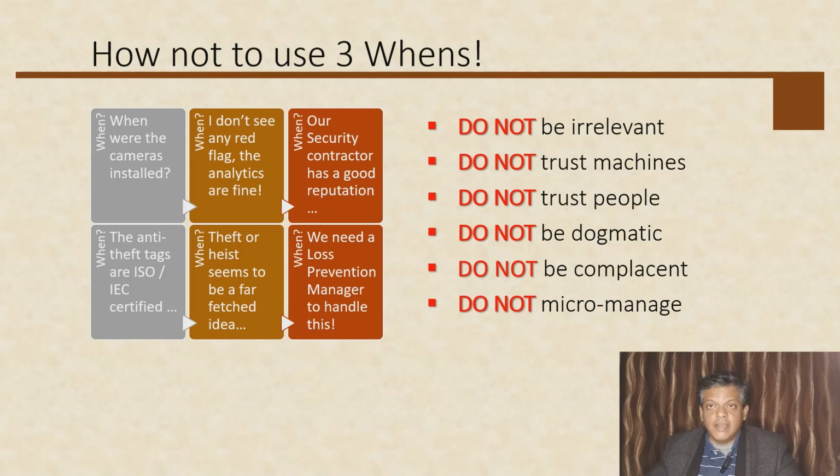That actually doesn't matter as far as the case at hand is concerned. And do not be complacent by saying theft or heist seems to be a very far-fetched idea. When it comes to risk management, nothing is beyond the perimeter. And do not micromanage by saying we need a loss prevention manager to handle this. That's not the way to go ahead when you're applying the 3 wins technique for solving a problem.